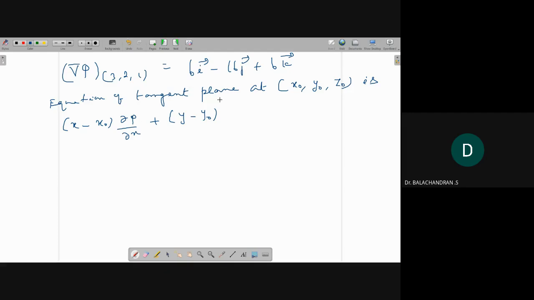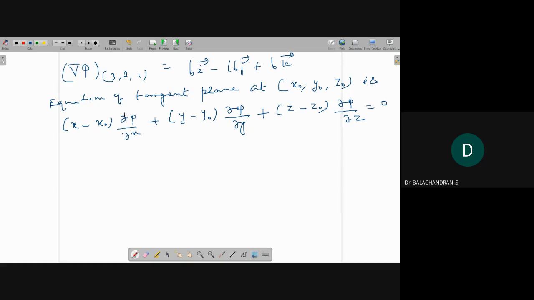So the equation of the tangent plane is x minus x naught into dou phi by dou x plus y minus y naught into dou phi by dou y plus z minus z naught into dou phi by dou z, equal to 0.